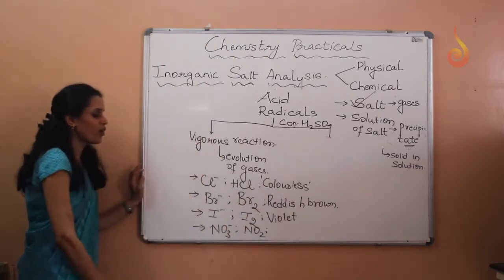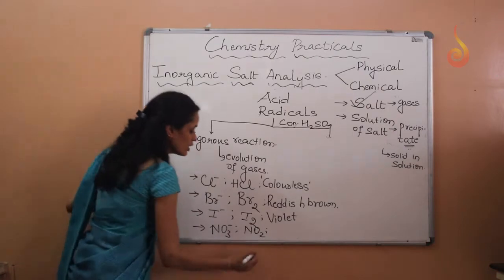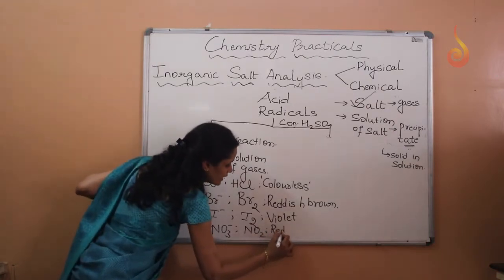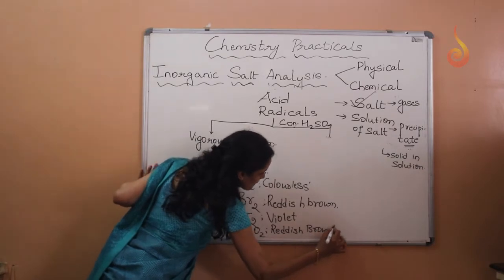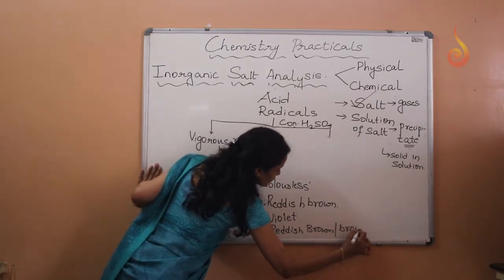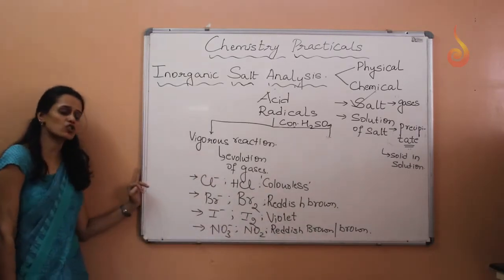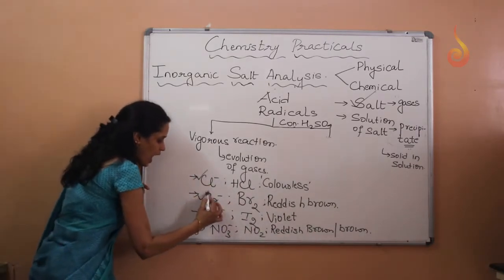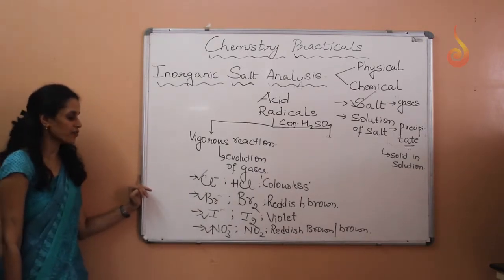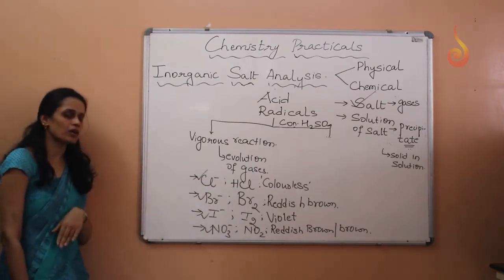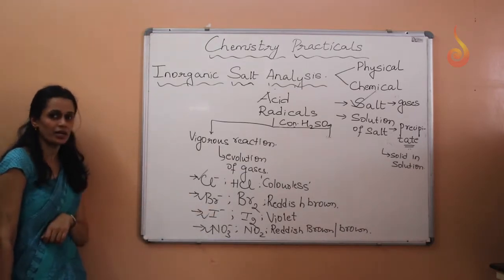If nitrate ion is present, the nitrogen dioxide gas produced is reddish brown or only brown color. So just by looking at the colors of the gas, we can identify the radicals. It may be chloride, bromide, iodide or nitrate.